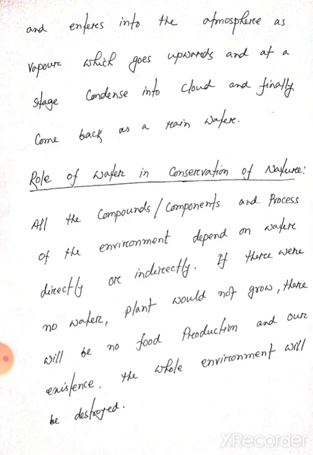Role of water in conservation of nature. So what is the role of water in conservation of nature? All the components and processes of the environment depend on water, directly or indirectly.